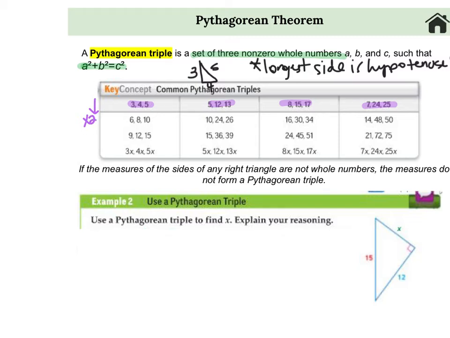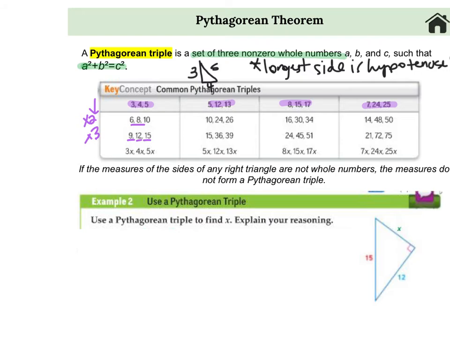A 3, 4, 5 triangle doubled would be 6, 8, 10, or tripled would be a 9, 12, 15. Again, these are just common Pythagorean triples that you would see. This is if you multiply times 2. And then this next row is these common triples, but as multiples of 3.